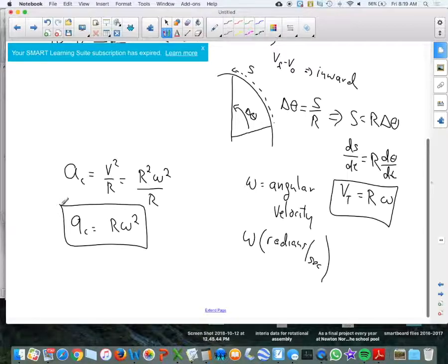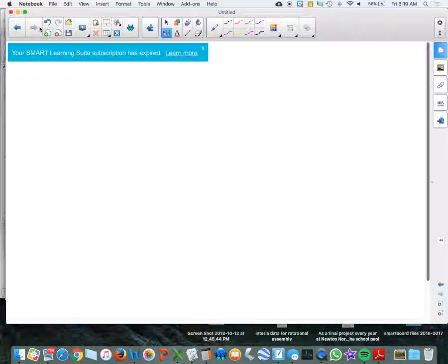The other piece that sometimes you see is problems saying, suppose you have a disk that rotates 3 revolutions per minute, 3 RPM. What is the angular velocity? So how many radians per second is it moving?